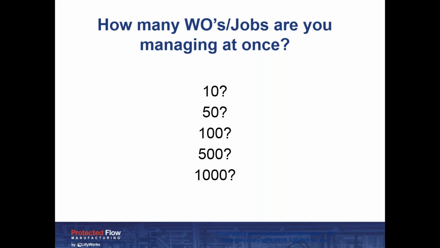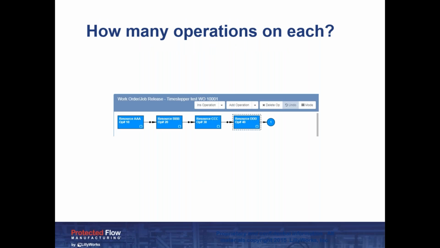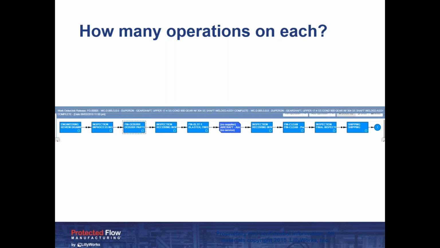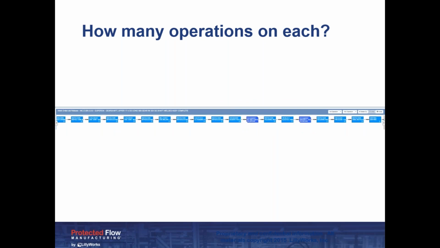Each of those work orders has a series of steps, operations that need to be completed to get it done. And those vary wildly, even within the same company. So you might have jobs that have 3 or 4 steps, some that have 10 or a dozen, others that may have 20 or 30.